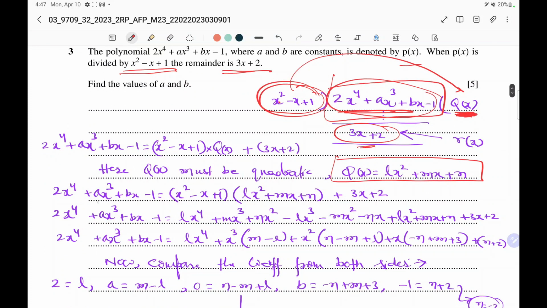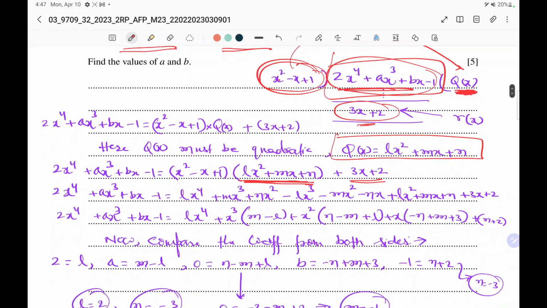So now 2x to the power 4 plus ax cubed plus bx minus 1 equals (x squared minus x plus 1) times q(x), which I have assumed as lx squared plus mx plus n, plus the remainder 3x plus 2. So we will multiply and equate the coefficients from the left and right side. x squared times lx squared, just multiply.